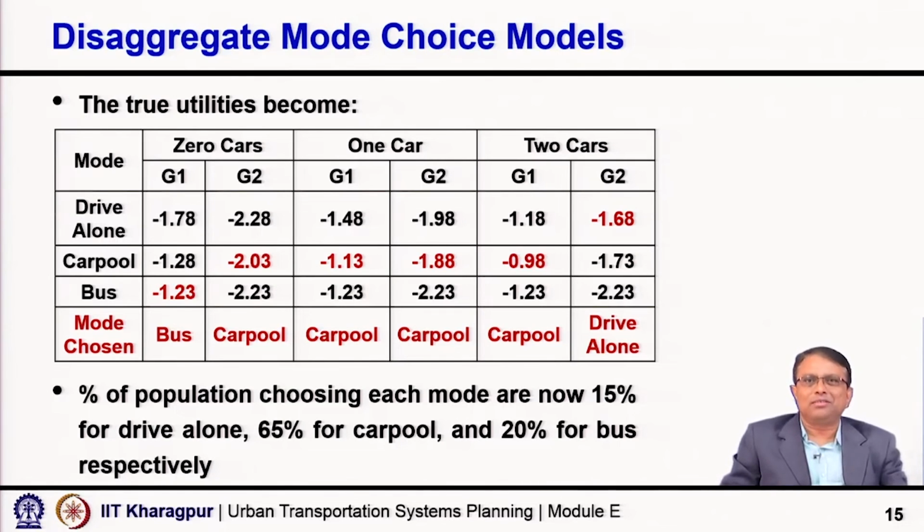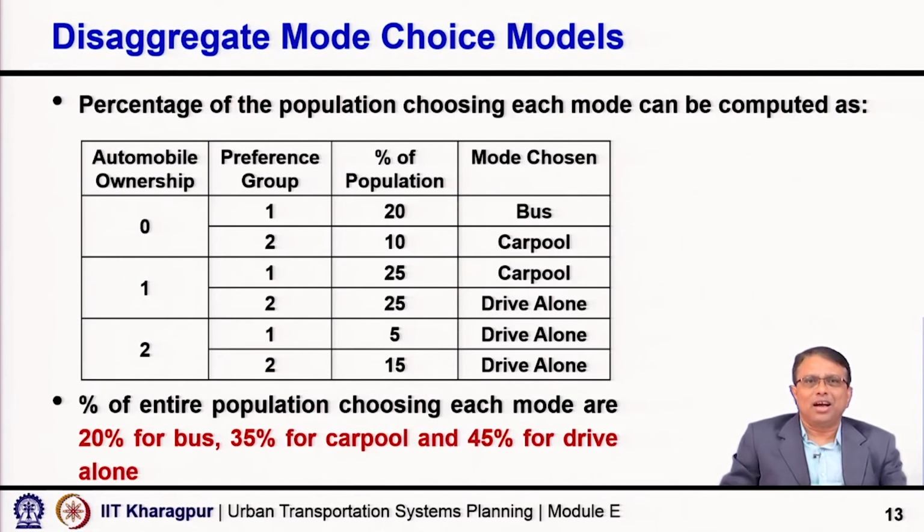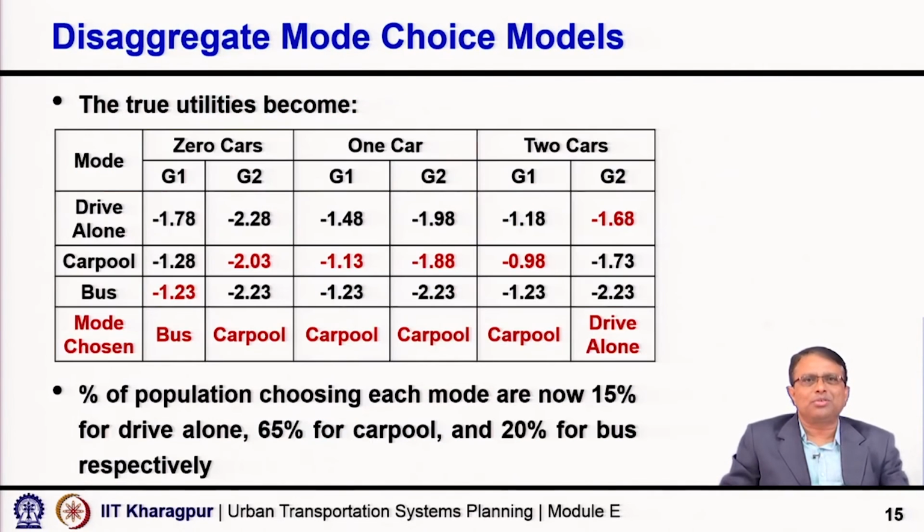What was the true result? The true result earlier was 20% bus, 35% carpool, 45% drive alone. So 20, 35, 45. Now what are the values? Now 15, 65, 20. So what has happened?